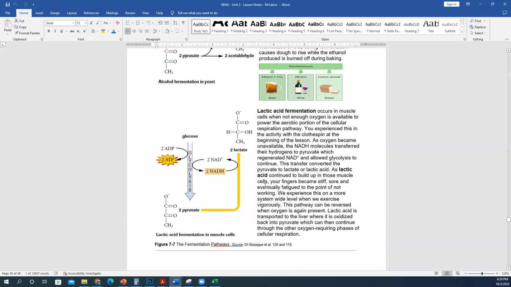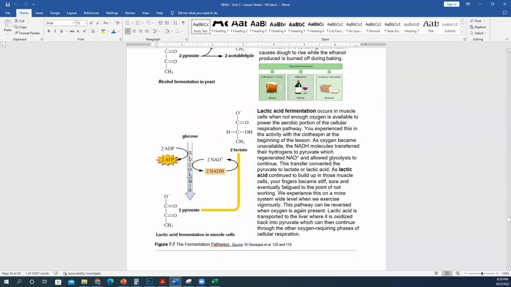And then this pathway can be reversed once oxygen is present, once we've rested and allowed oxygen to replenish. This lactic acid gets transported to our liver, where it can be oxidized back into pyruvate, which can then continue through the rest of the pathways that require oxygen for cellular respiration and provide even more energy.